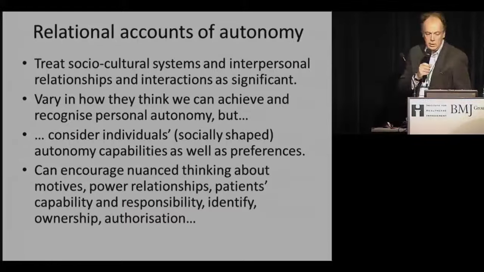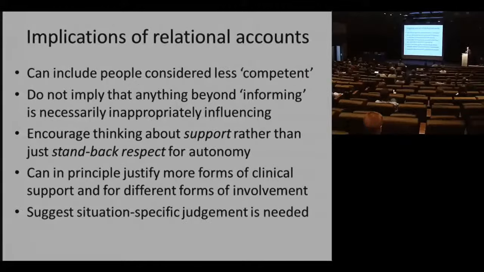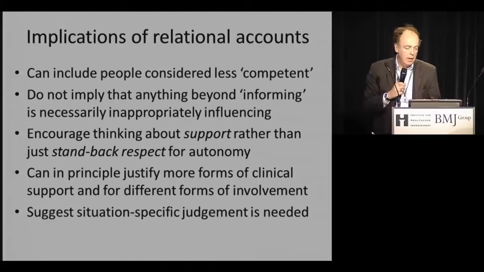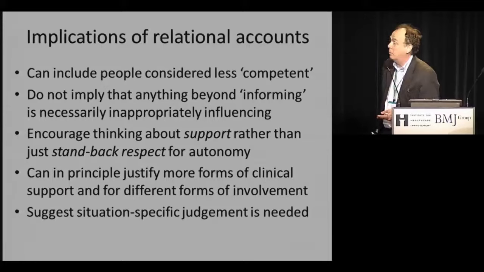With that in mind, let's just revisit the scenario that we had before. As I've said, if we take a relational account of autonomy and use that as our framework, then there are a number of implications that flow from that. We can include people who may be considered less competent, for example.